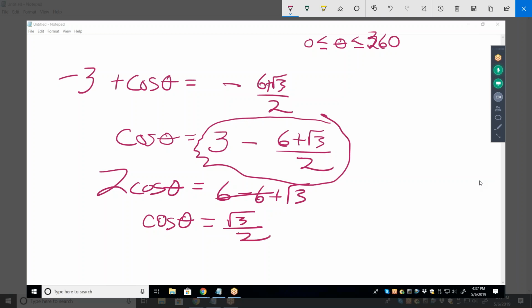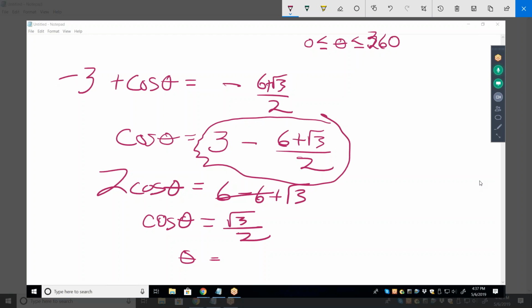Okay. Now we need to figure out where that occurs. First of all, how many answers are we going to have? 2 answers. What angle has a cosine equal to root 3 over 2? In other words, what's the inverse cosine of root 3 over 2?